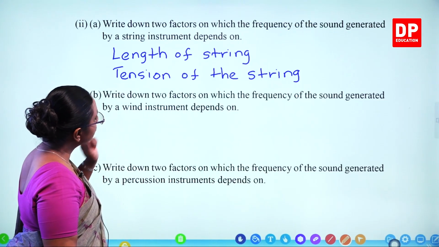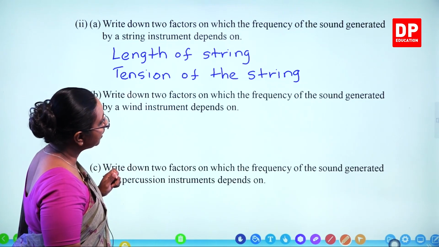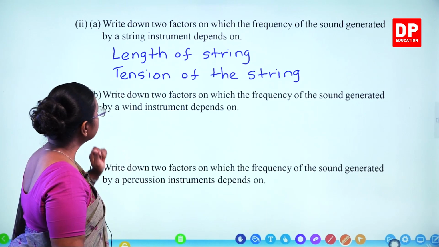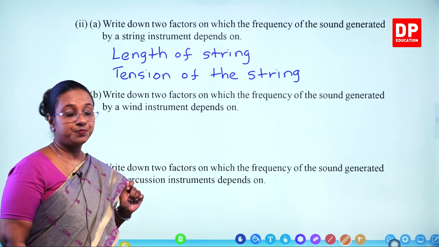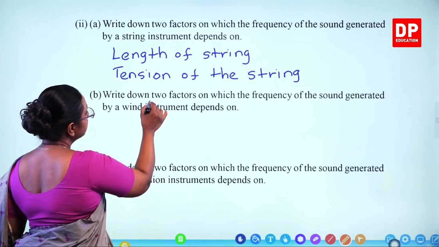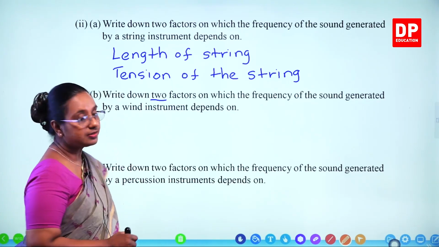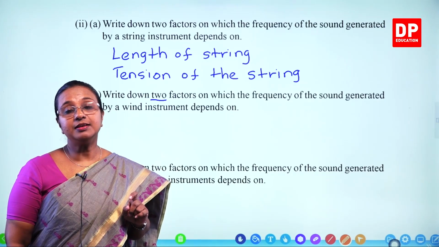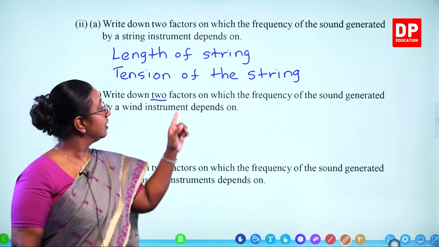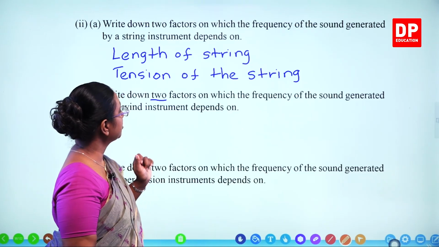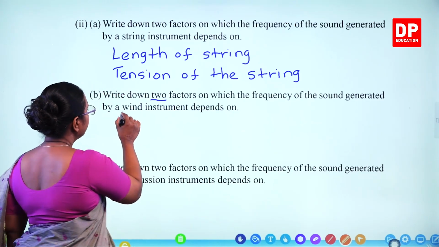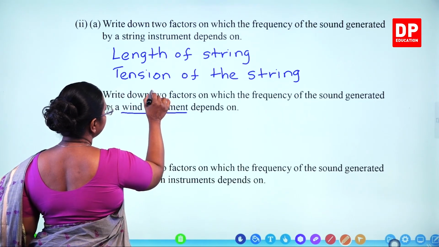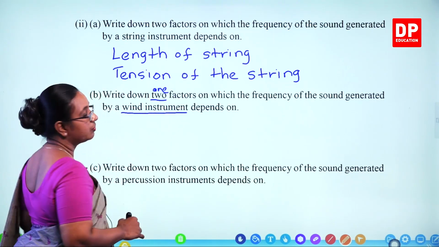Write down two factors on which the frequency of the sound generated by a wind instrument depends. In this question, students, although they say two factors, you all know there is only one factor that affects the pitch or the frequency of the sound generated by a wind instrument. So, instead of two, I will write only one factor.